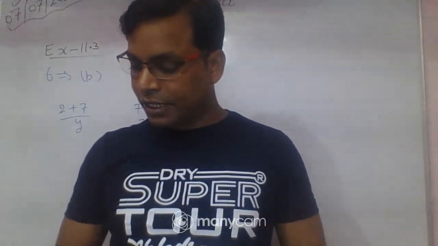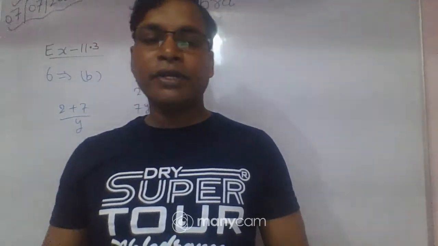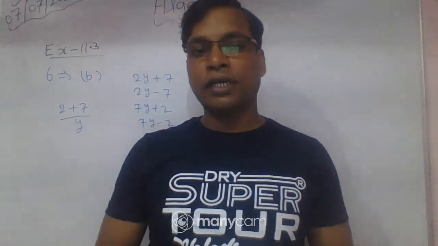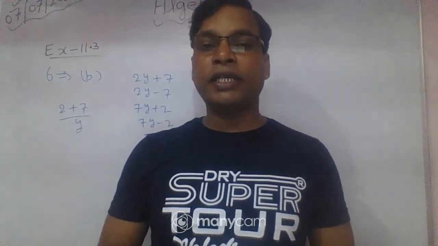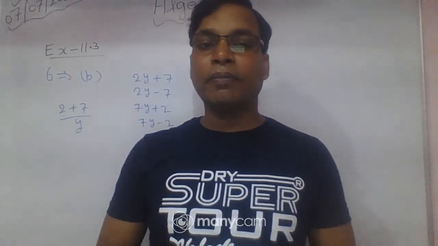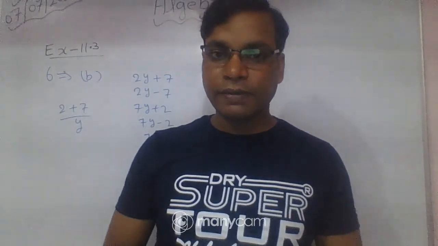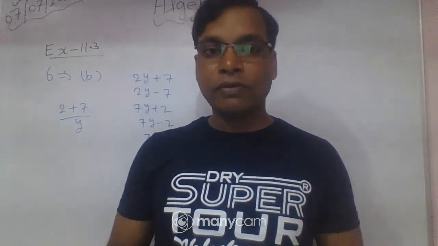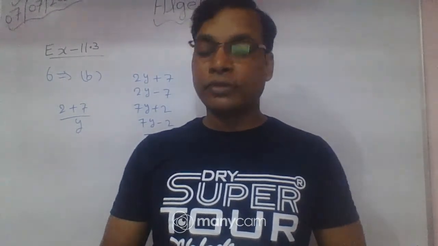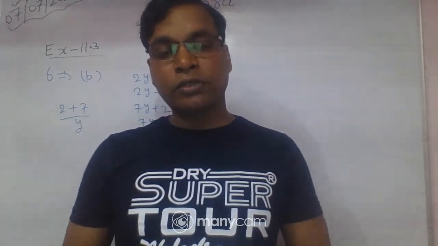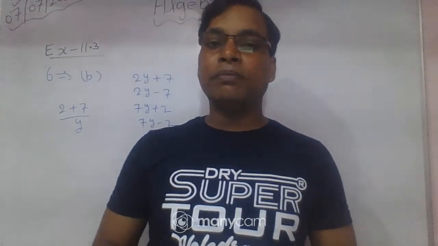Sarita's father's age is 5 years more than 3 times Sarita's age. So what is the present age of Sarita's father? 3 times y, because Sarita's present age is y, so 3y. And 5 years more than that: 3y plus 5.